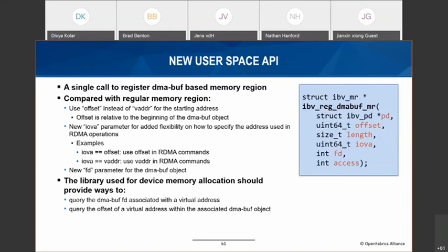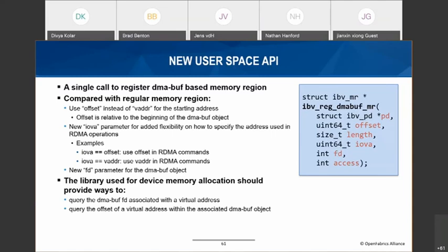For example, you allocate a buffer from the GPU library, and that virtual address can be used for this IOVA. So this RDMA operation is going to be used in a similar way as the regular memory, instead of using the zero-based fashion.